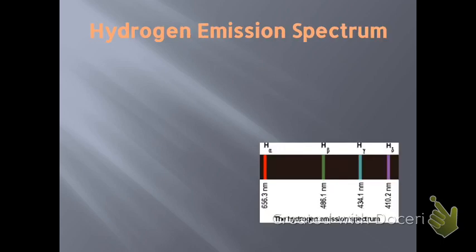All right, so let's look at hydrogen. When hydrogen is excited and returns to ground state, it gives off these four bands of light, these four wavelengths. That's what you see.